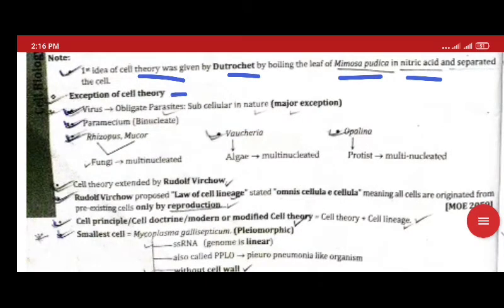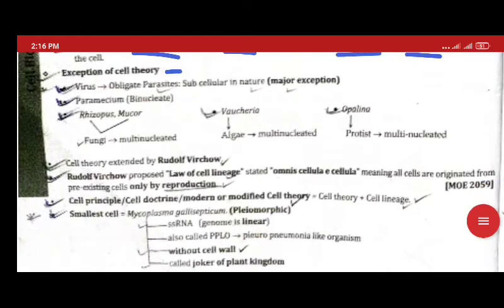Now, exceptions to cell theory: where can't cell theory be applied? Cell theory can't be applied to viruses, because a virus is an obligate parasite and subcellular. Subcellular means not acellular; it is not in the form of a cell but cell-like. Paramecium is binucleated. A cell contains only one nucleus, but Paramecium contains two nuclei.